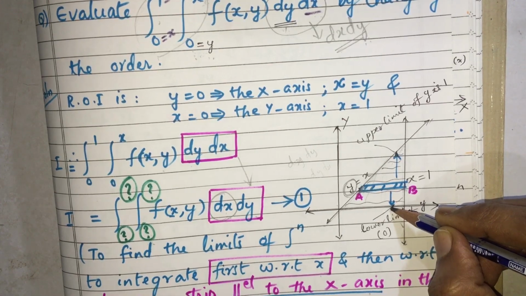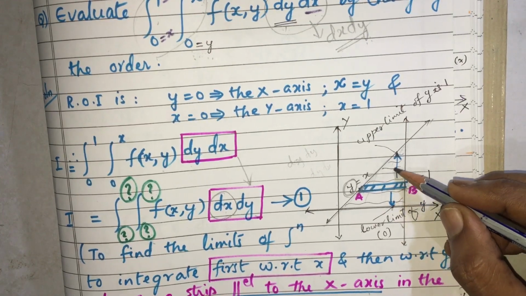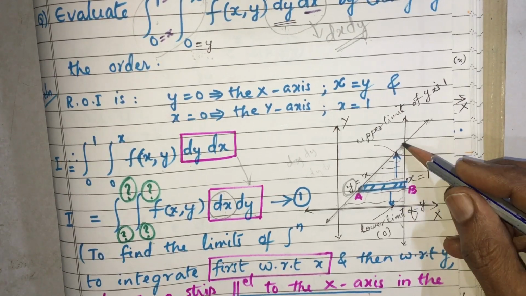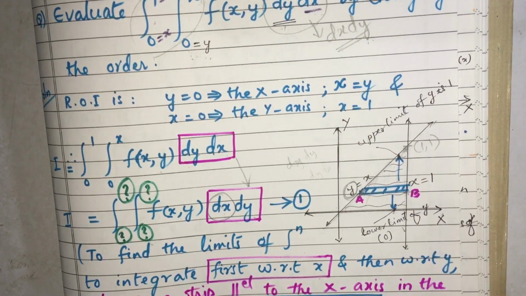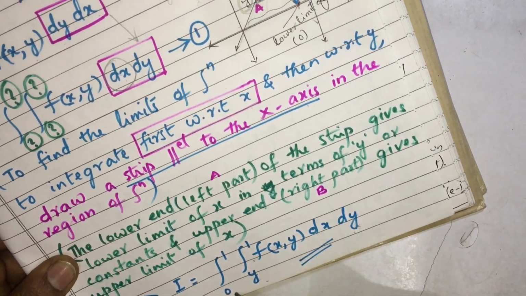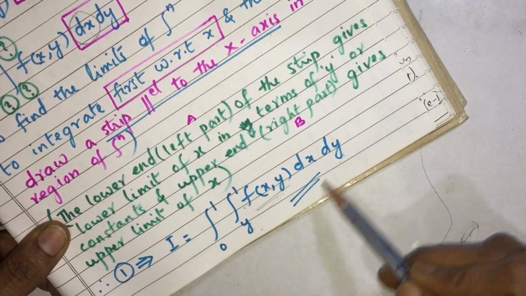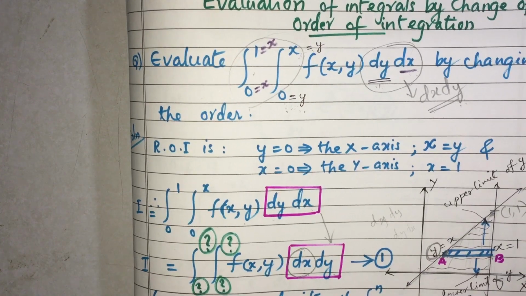So the lower limit for y is 0, and when this strip moves upward and touches the upper part, the maximum value of y will be 1, because this point we know is (1, 1). So the upper limit is 1 and the lower limit is 0. Then when you put f of x y as any function, you can solve this question. So this is evaluation by changing the order of integration.